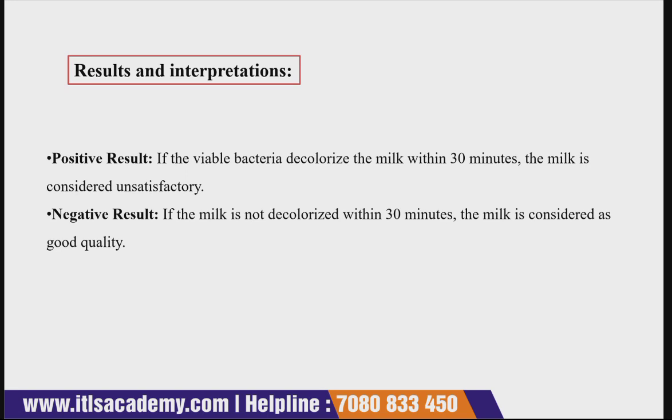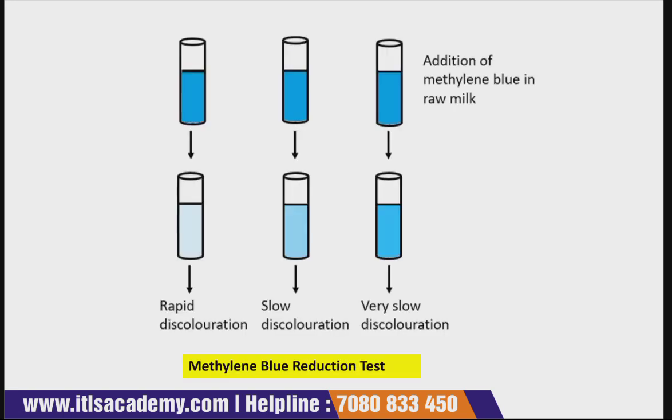But when the reduction occurs between 2 hours to 6 hours, then the quality of the milk is quite fair. And if the reduction occurs between 6 hours to 8 hours, then its quality is good. And finally if not reduced in 8 hours, then obviously the quality of the milk is excellent.